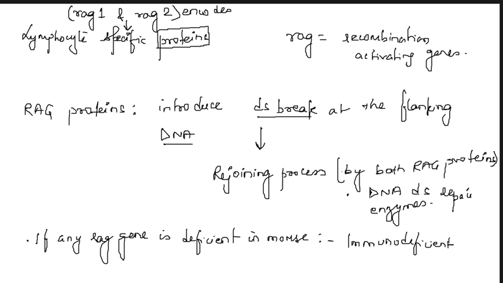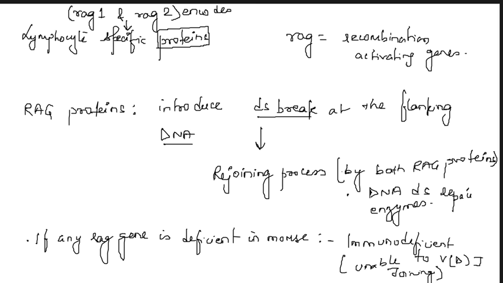Because it is unable to perform VDJ joining and is very susceptible to infection, as a result of which this kind of mouse will not have functional B and T lymphocytes. As a result, these mice are immunodeficient.